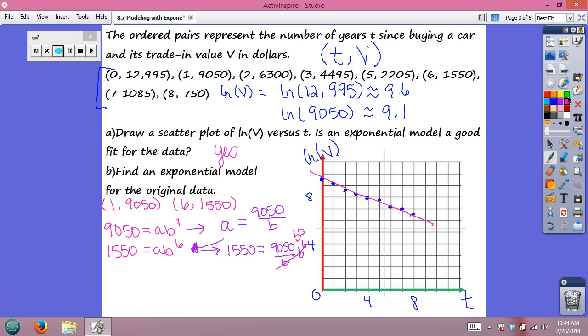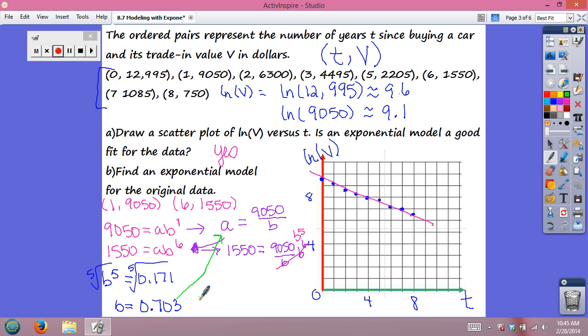We can combine those terms. So then we will get b to the 5th, if we divide by 9,050, is going to be about 0.171, taking the 5th root of both sides. We will get b is equal to about 0.703. And plug that back into our a equation.